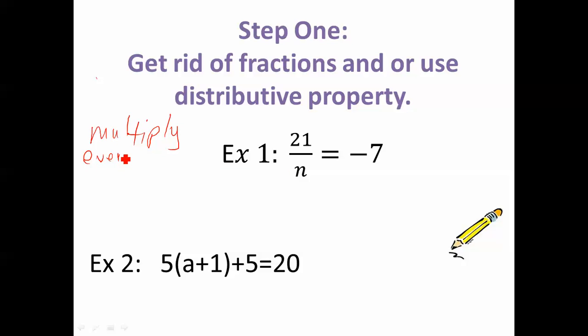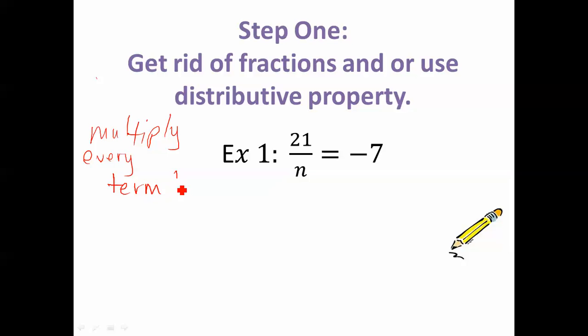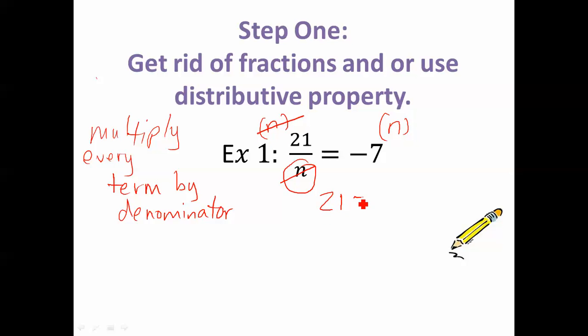Multiply every term by the denominator. So our denominator is our bottom number. So we're going to multiply this as a term and this is a term. So here's multiply this by n and this by n. When you multiply the denominator by itself, they cancel, so you get 21 equals negative 7 times n gives you negative 7n.